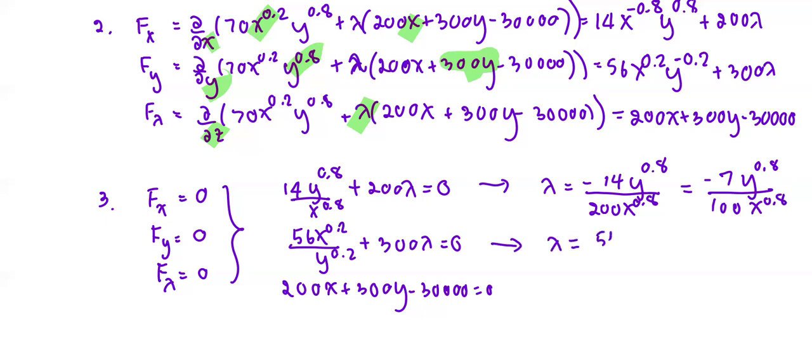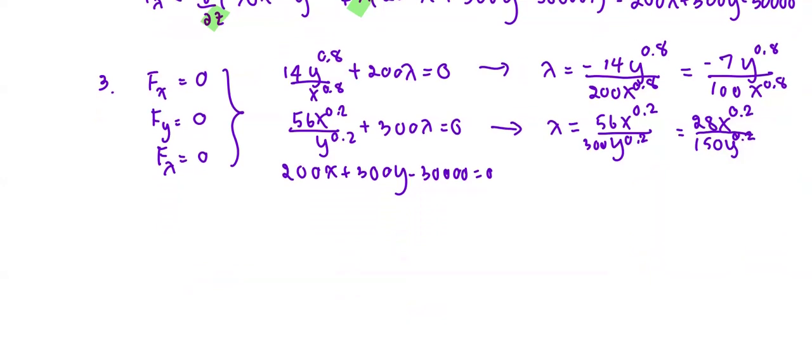Lambda is 56 x to the power 0.2 divided by y to the 0.2 and then multiplied by 300 in the denominator. You can simplify further to 28 x to the 0.2 divided by 150 y to the power 0.2 as a simplified form.